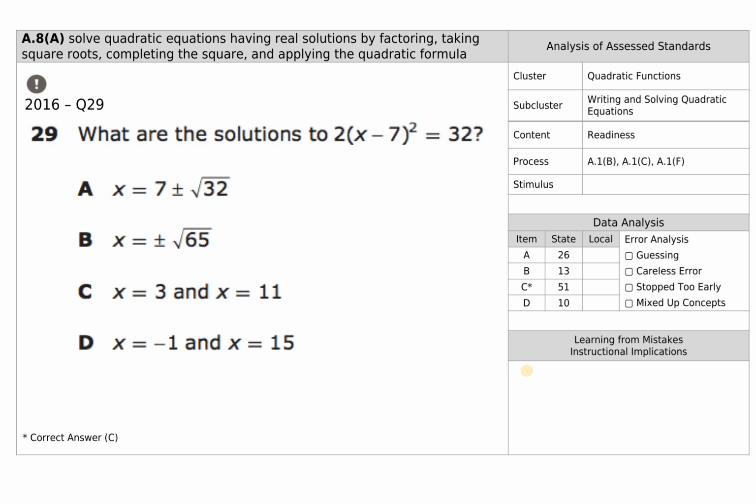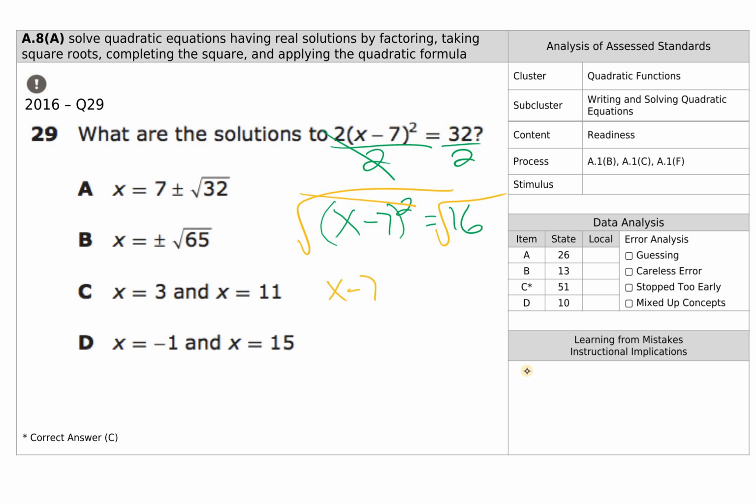The next problem, which was number 29 on the 2016 test, we can square root it, and before we square root it, we would divide by 2 on both sides. That leaves us with x minus 7 squared equals 16. Then, to get rid of the square, we square root.